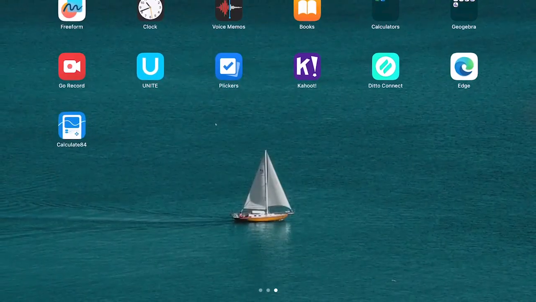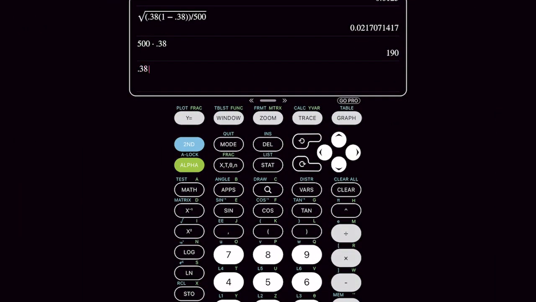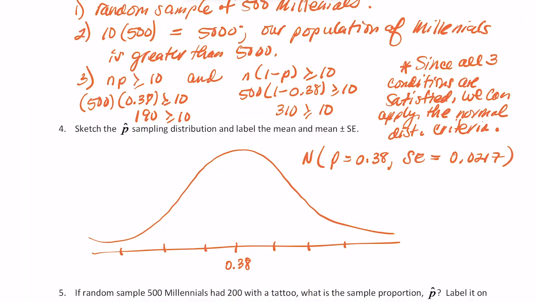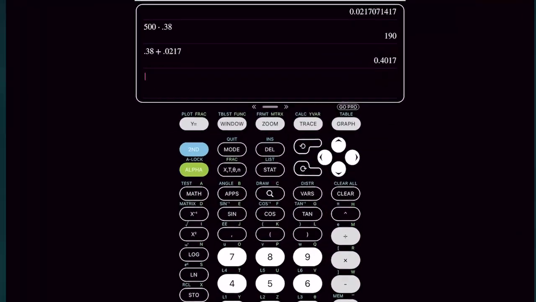So all we're going to do is add 0.0217 to 0.38, and we're going to keep doing that to get all those values. So in other words, I have 0.38 plus 0.0217, okay, which is going to give me 0.4017. So that number right here is 0.4017. And then I'm going to add 0.0217 again, okay? Now, if the numbers are getting too big, you can just kind of estimate there, okay? So we're going to keep doing that.